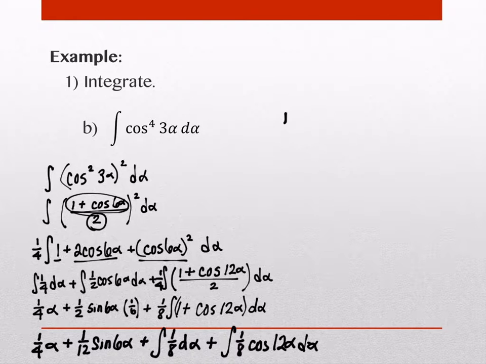So I have 1/4 alpha plus 1/12 sine 6 alpha. What's next? 1/8 what? Oh, alpha, because this one has alphas in it, and I'm running out of space there again.